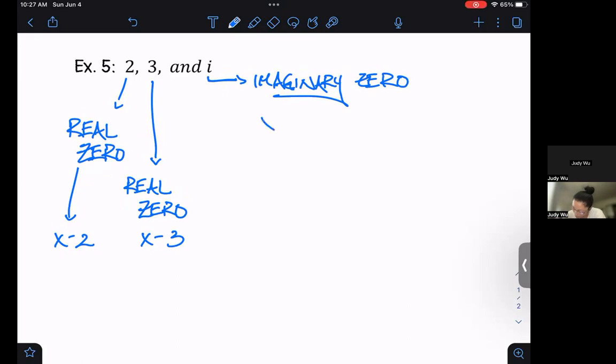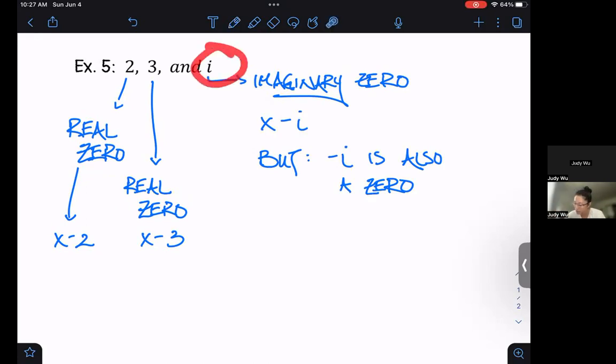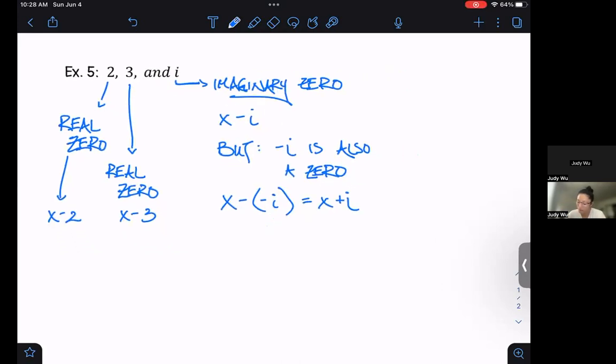So we know that x minus i is a factor, okay? But we need to remember that negative i is also a 0. All right, so because the complex zeros come in pairs, i and negative i are both zeros. And that means that x minus negative i, or x plus i, is also a factor.